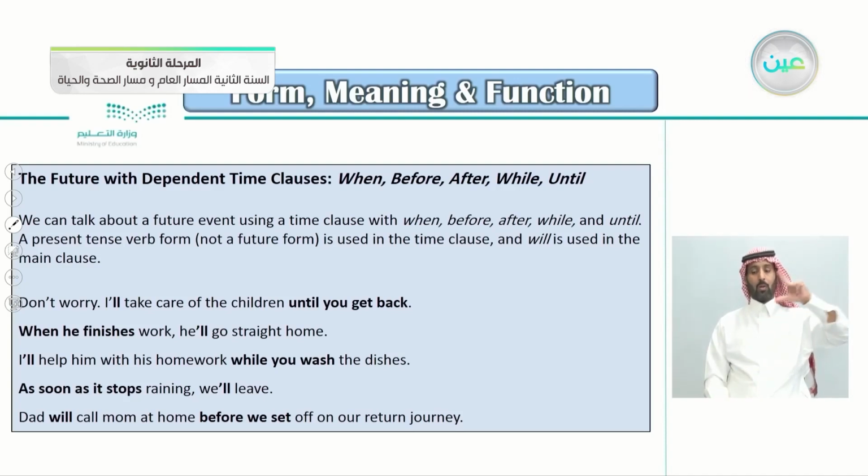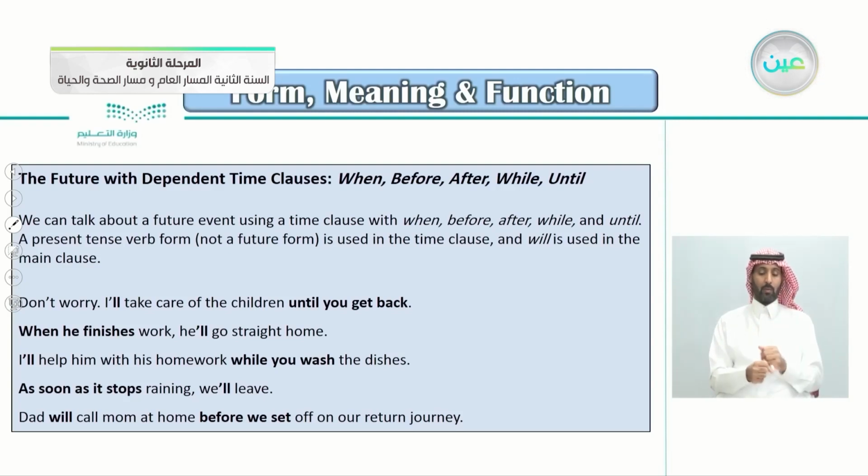Again, we can talk about a future event using a time clause with when, before, after, while, and until. A present tense verb form, not a future form, is used in the time clause.